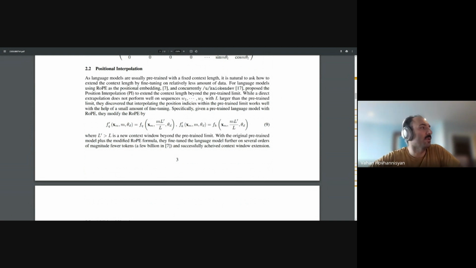And here we need to use this notation. So L is the context window size when the model was trained, and L prime is a larger context window beyond the trained limit. Right? You train your model on 4K context, but you want your model to work at inference time to generate text longer than that. Right?